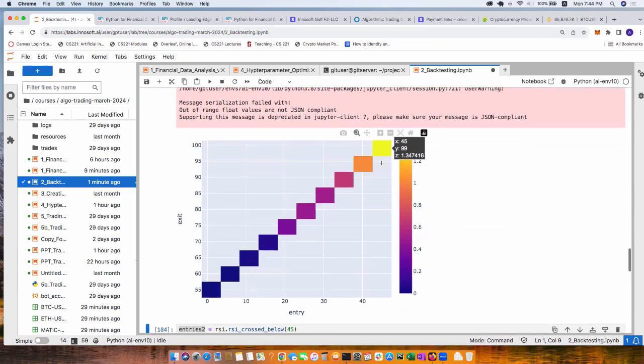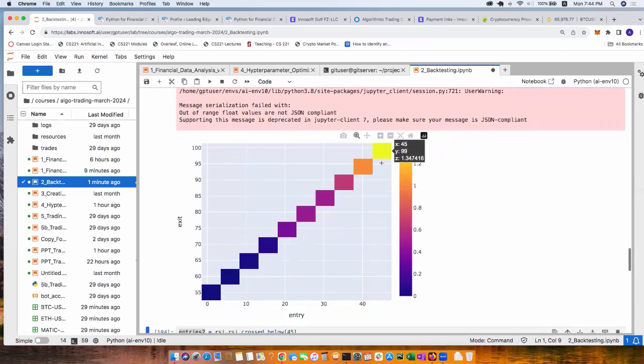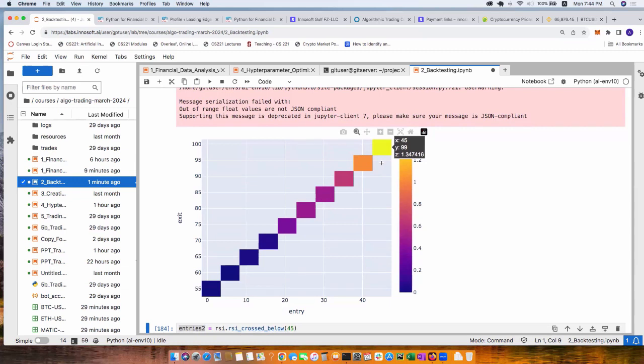That's very significant compared to what we had earlier. That's the kind of insight that you can get from backtesting. Of course, if a strategy does very well on historical data, it doesn't mean that it will continue to do well on future data, but at least it will give you some insight.